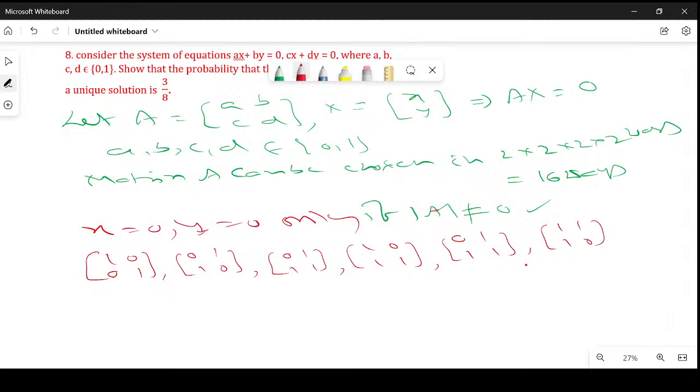Correct? So all these cases have determinant not equal to 0. Satisfying that, we have only 6 matrices.